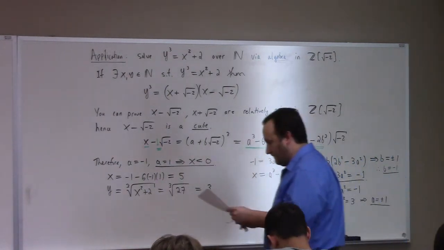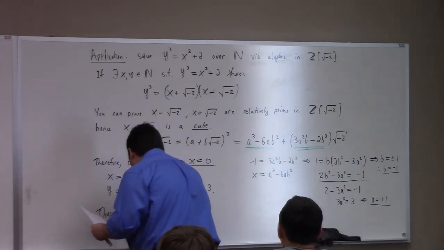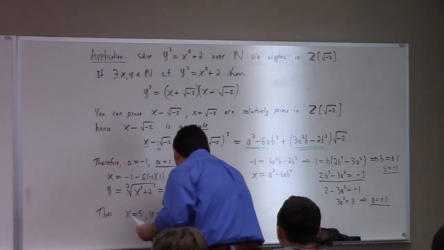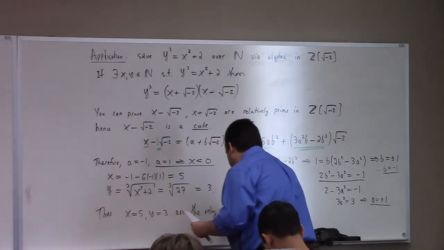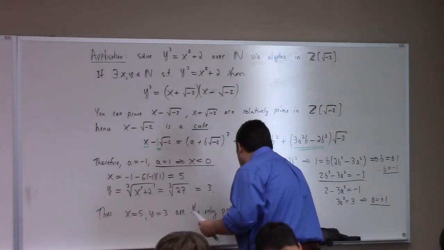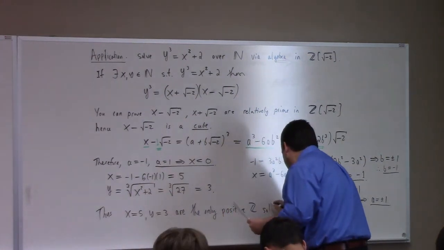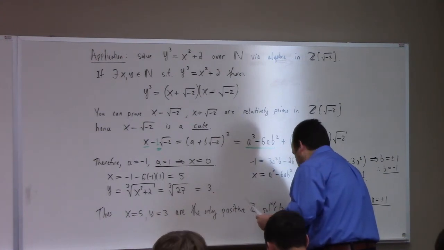Thus, x equals 5, y equals 3 are the only positive integer solutions to y cubed equals x squared plus 2.